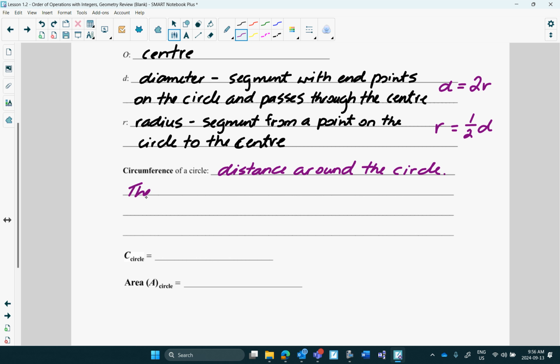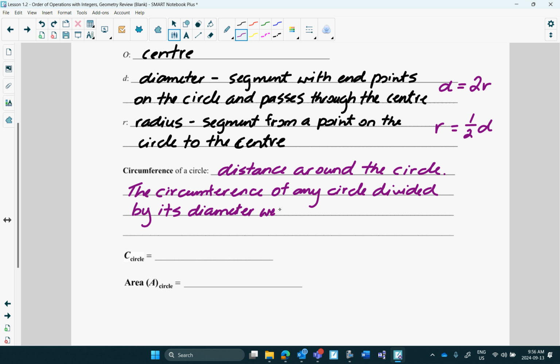The circumference of any circle divided by its diameter will always equal a certain number, the same number.